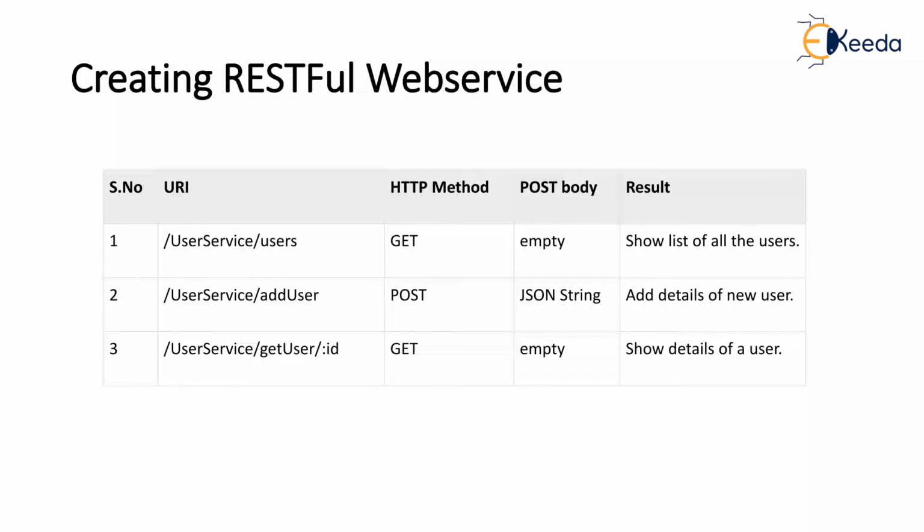Following are the important points to consider when designing a representation format of a resource in RESTful web services. First is understandability, second is completeness, and third is linkability. Understandability: both the server and client should be able to understand and utilize the representation format of the resource.